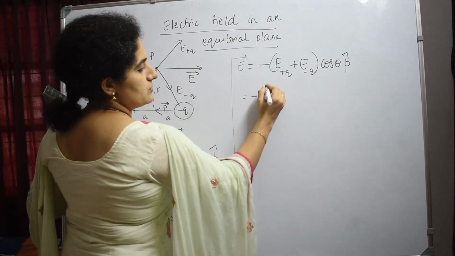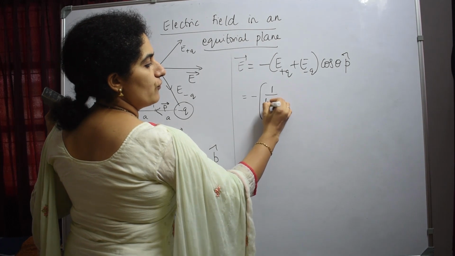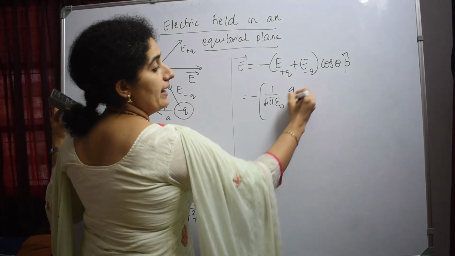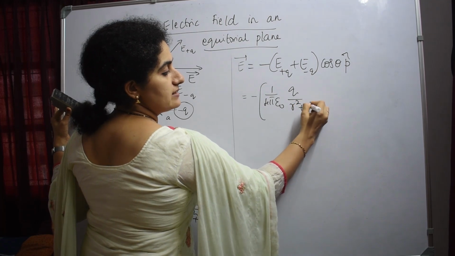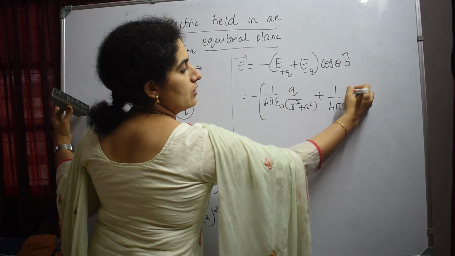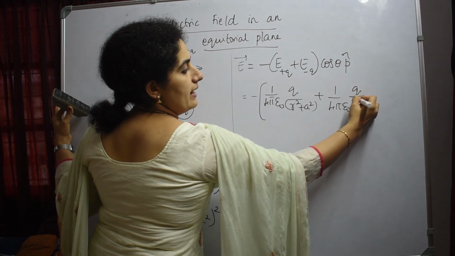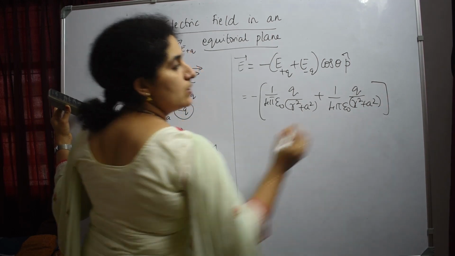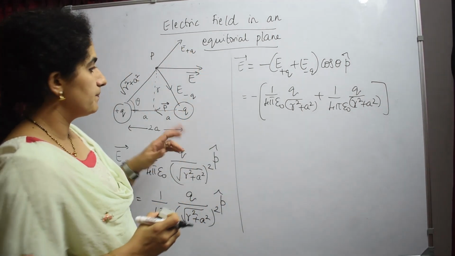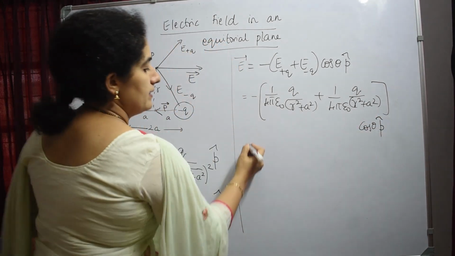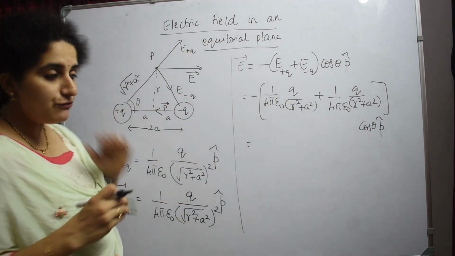So now substitute the values. 1 by 4 pi epsilon naught Q by R square plus A square plus 1 by 4 pi epsilon naught Q divided by R square plus A square into cos theta, cos theta into P cap. Later you have to substitute the value of cos theta.